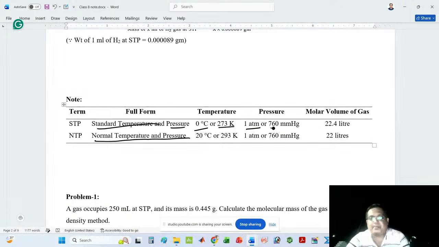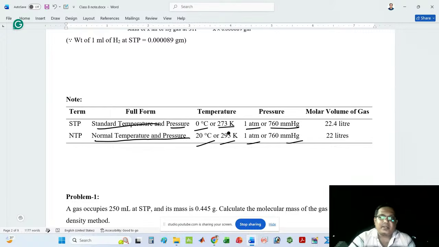In NTP, the temperature is 20 degree centigrade or 293 Kelvin, and pressure is 1 atm or 760 mmHg. In both STP and NTP conditions, the pressure is 1 atm. But in case of temperature, we can find a difference.